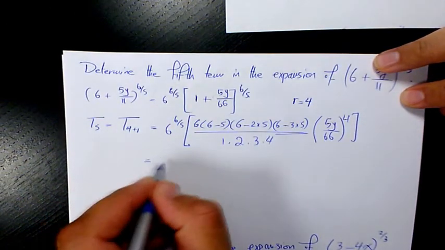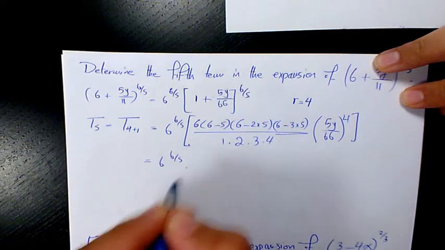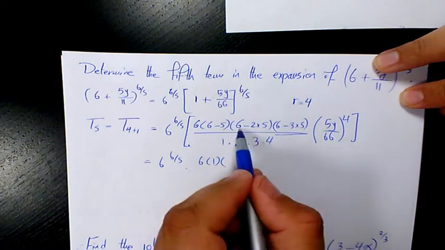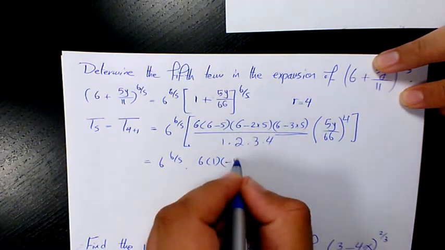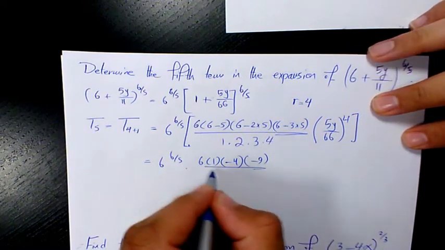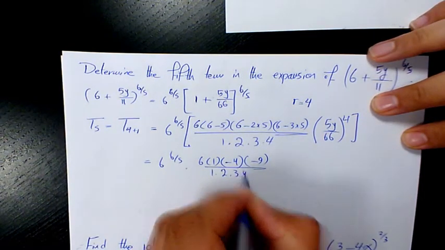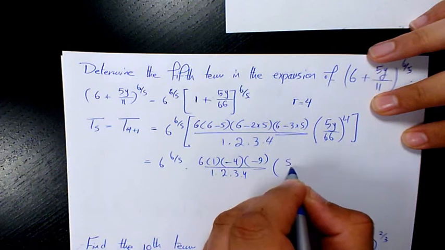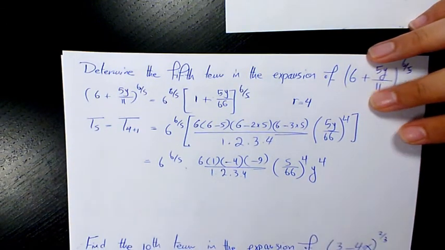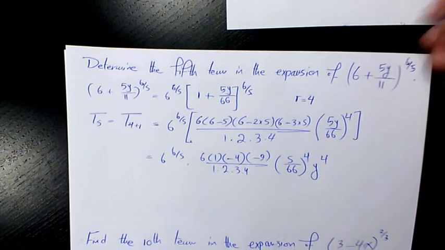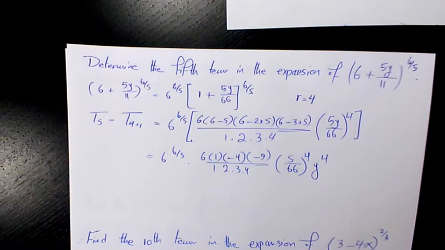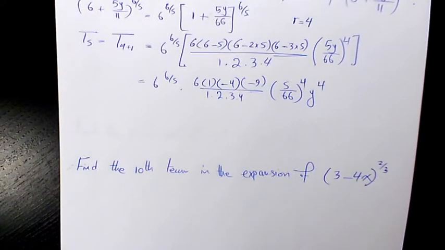Which is going to be 6 to the power of 6 over 5 times 6 times 1 times 6 minus 10, negative 4, 6 minus 15, negative 9, over 1, 2, 3, 4, 5y over 66 to the power of 4, y to the power of 4. So that's going to be the fifth term in the expansion of 6 plus 5y over 11 to the power of 6 over 5. Let's take a look at the next one.